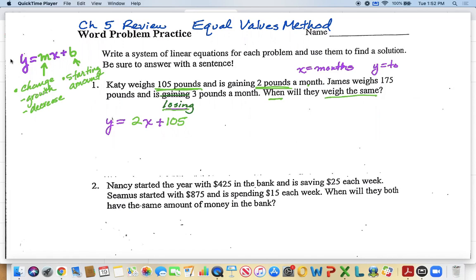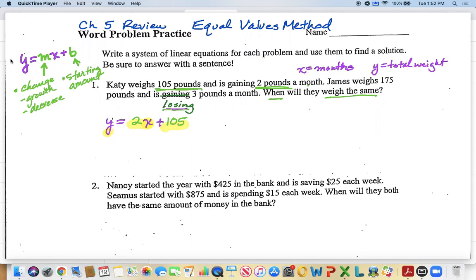Because if we take the starting weight, which is 105 right here, and then we add on 2 pounds every month, then we're going to get y, which is the amount of the total weight of the person.